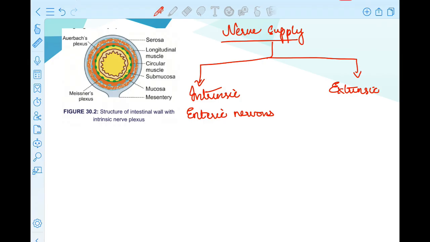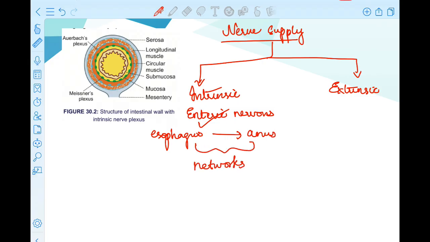The enteric nervous system runs within the GI wall from the esophagus to the anus, forming two important networks.